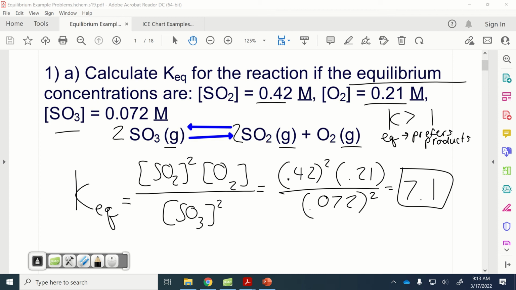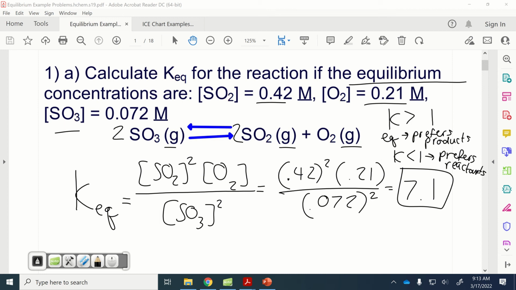We will generally have more products than reactants. If the K is less than 1, the reaction prefers the reactants. It's not like which way, I'm not saying one is reacting more than the other. It's just at the end when you're in equilibrium, do you have more products or do you have more reactants?